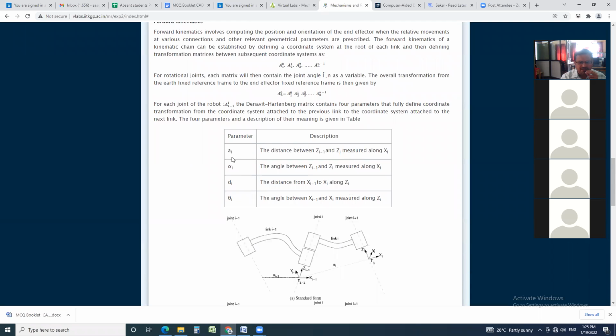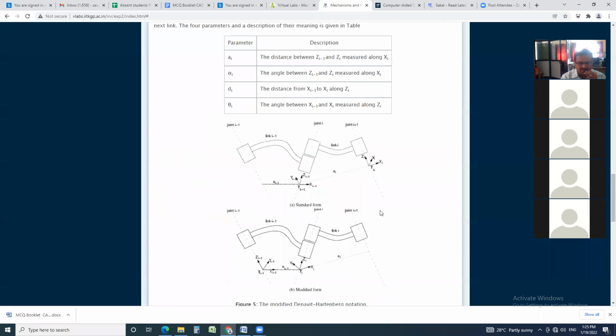Parameter description: ai, the distance between zi minus 1 and zi measured along xi. Alpha i, the angle between zi minus 1 and zi measured along xi. Di, the distance from xi minus 1 to xi along zi. Theta i, the angle between xi minus 1 and xi measured along zi.